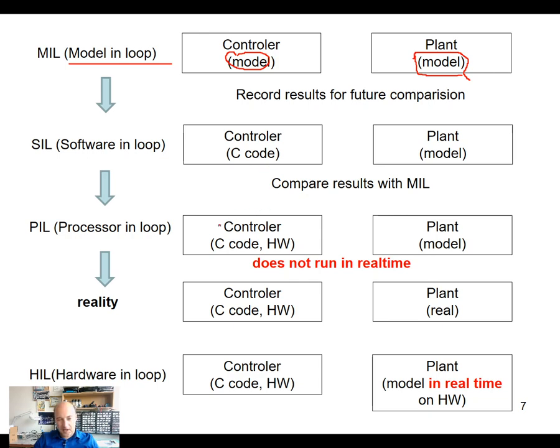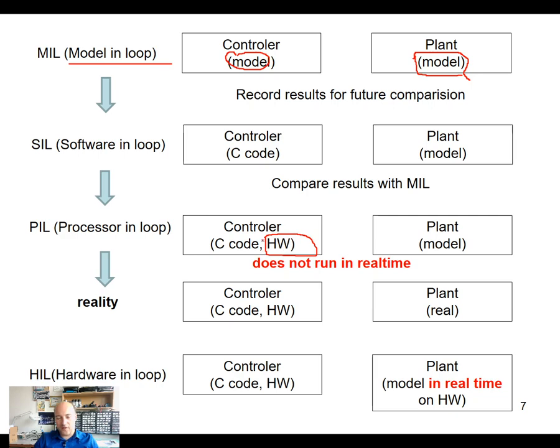Now the third stage is called processor in the loop. Note that there is only one slight difference. Here in the processor in the loop, we have the real hardware. The C code was running on a computer, and it could be the same computer where we have the plant model, but here we already have some real hardware.